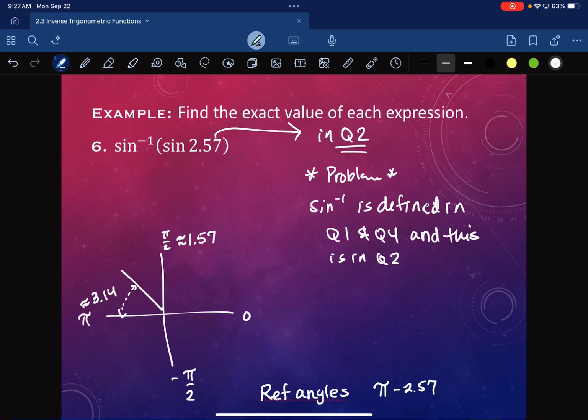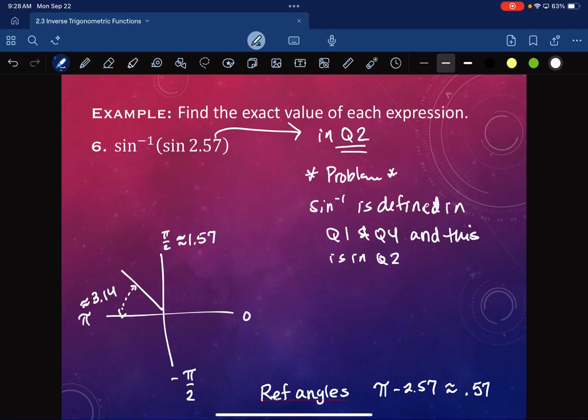We'll use it both in its accurate form, which is pi minus 2.57, and as an approximation. So what is pi minus 2.57 approximately? It's 0.57.